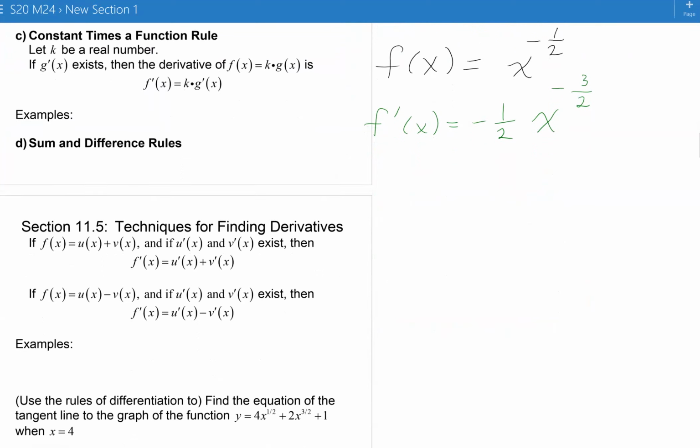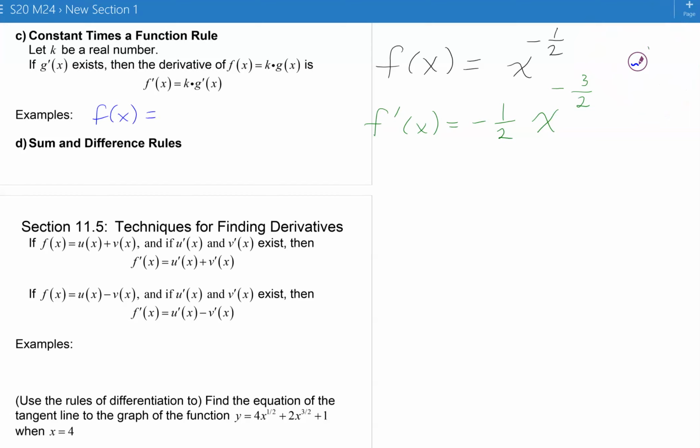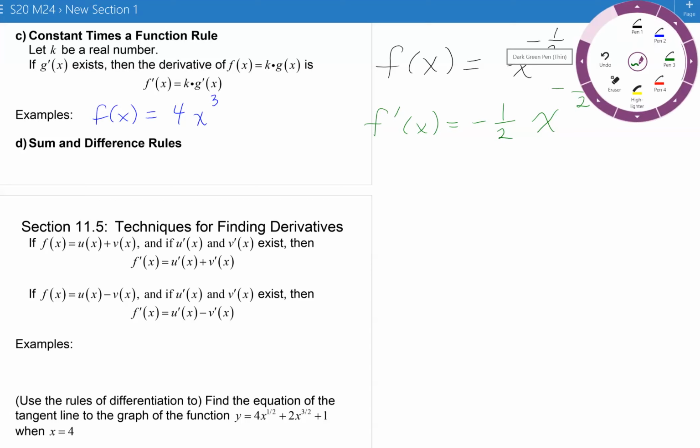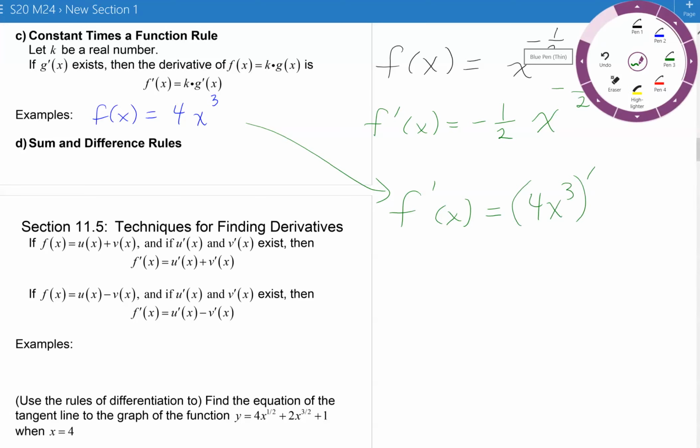Okay, then the next rule is the constant times a function rule. And this formal math language says, if my function looks like 4 times x to a power, then my derivative is going to be the derivative of 4x to the 3rd.